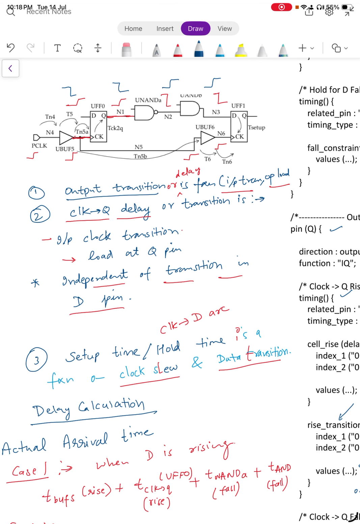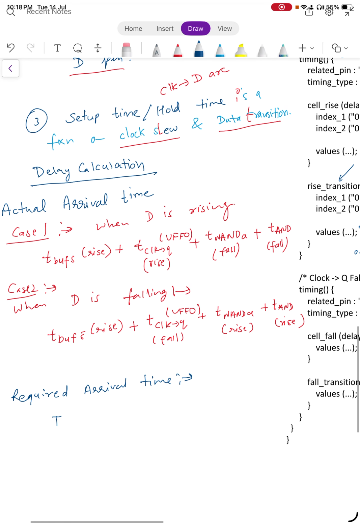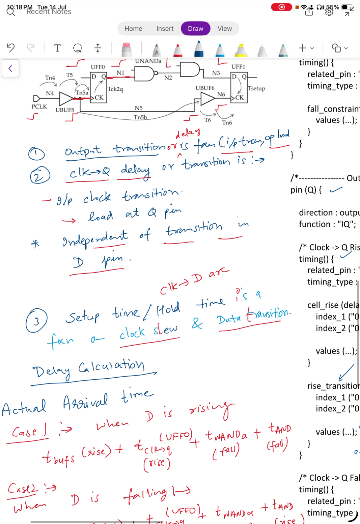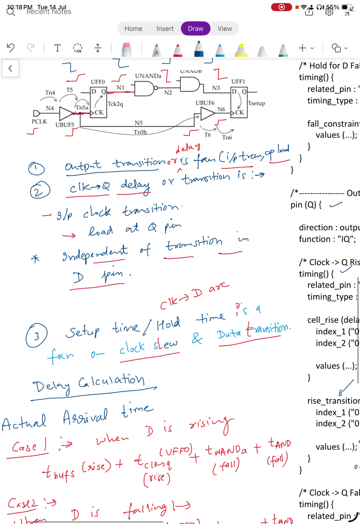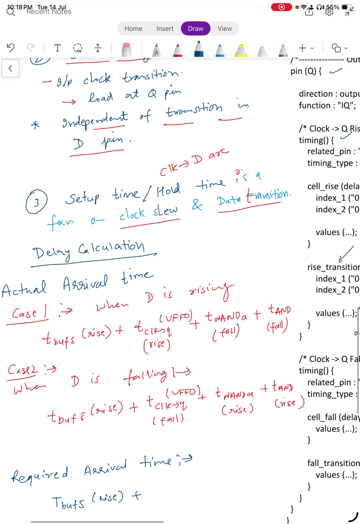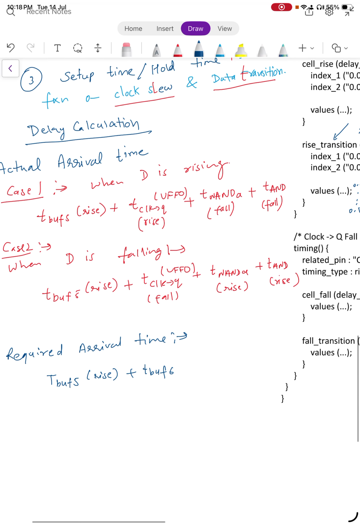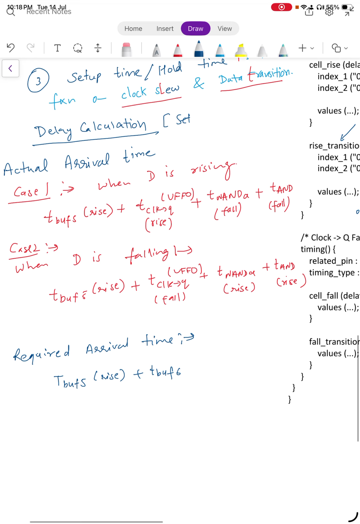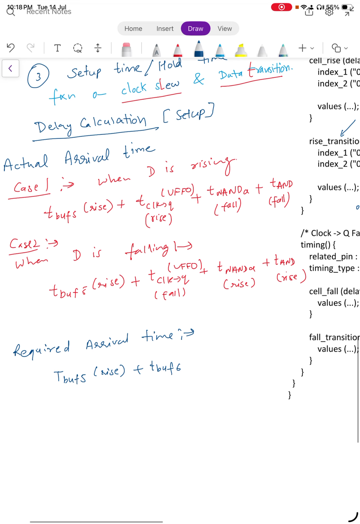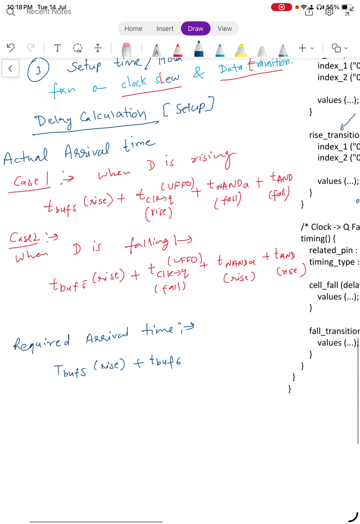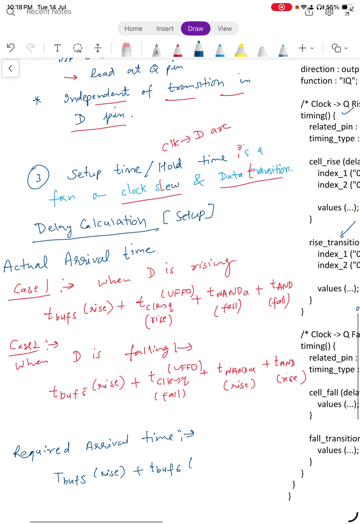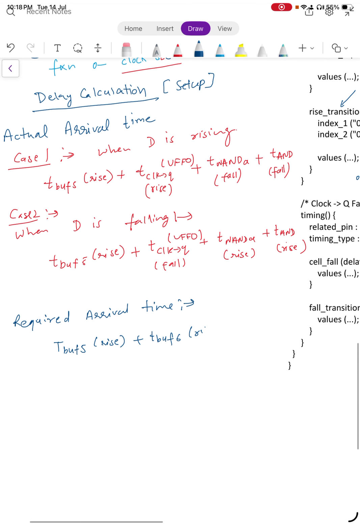This is T of buff 5 rise plus T buff 6, and we are doing this for setup. T buff 6 will also be rising, so this is the rise delay.